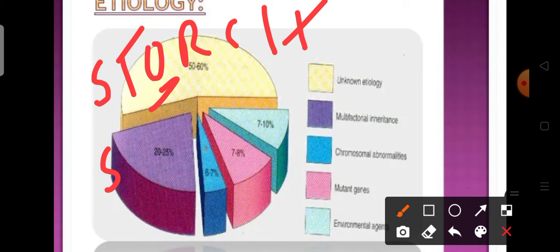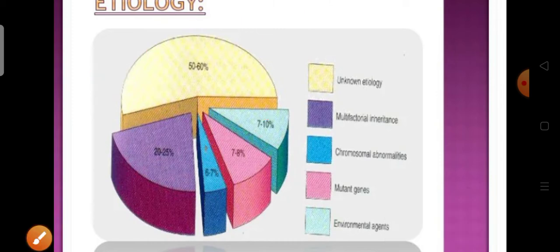Due to these infections the baby will definitely be affected. It's clear? So these are the environmental agents, for example if the mother inhales contaminated air.